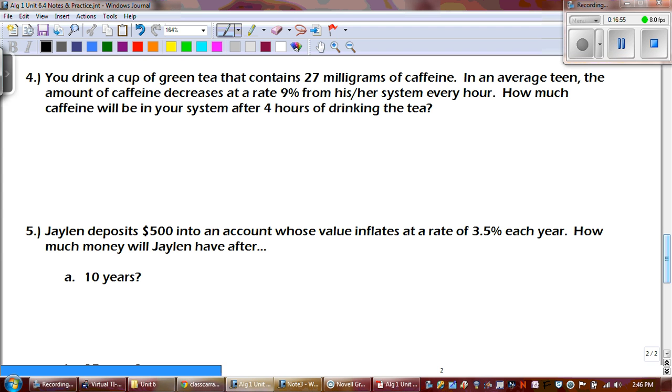Number 4. You drink a cup of green tea that contains 27 milligrams of caffeine. In an average teen, the amount of caffeine decreases at a rate of 9% from his or her body every hour. How much caffeine would you have in your system after 4 hours? Well, is this growth or is this decay? It's decay, okay? So our A is 27 milligrams.